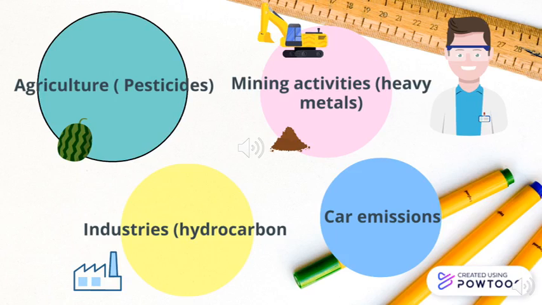Agriculture often uses pesticides that contain heavy metals such as DDT, which is very harmful to organisms. And mining activities often let out heavy metals such as cadmium, zinc, lead, chromium, nickel, and arsenic, and all of them are very harmful to organisms such as fish and also humans.